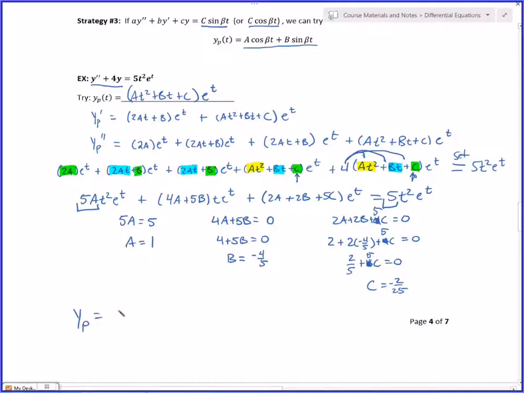So, assuming all that's correct, my particular solution then is at squared, so 1t squared, plus bt, is minus 4/5 t, minus 2 over 25, e to the t.